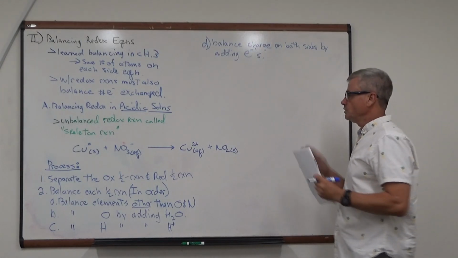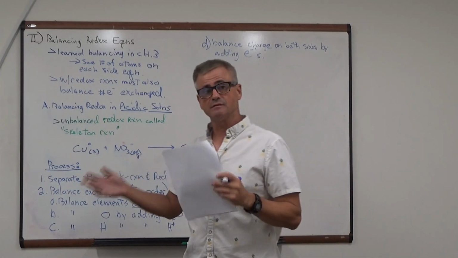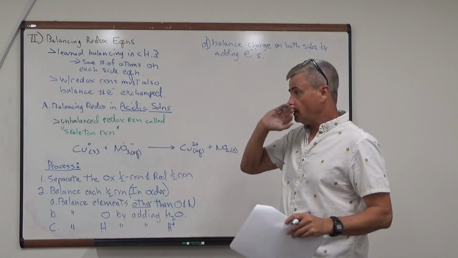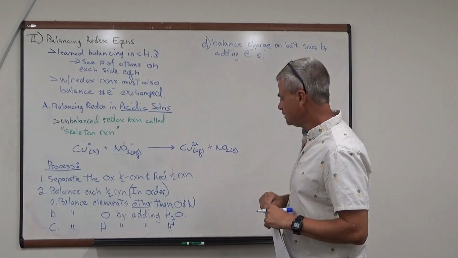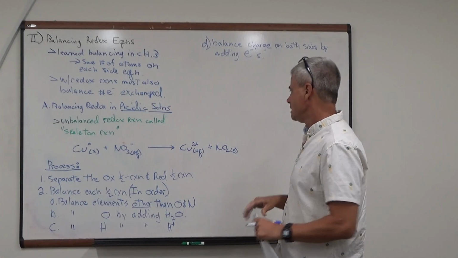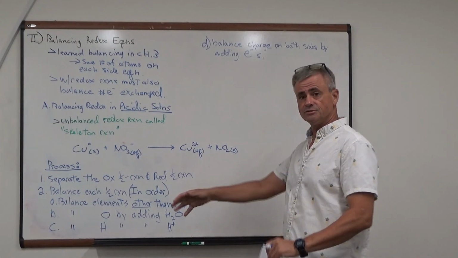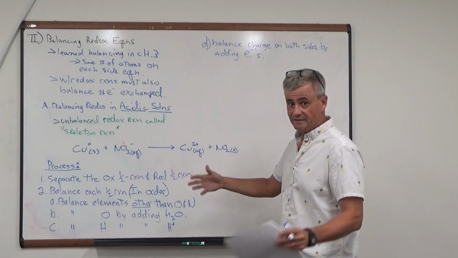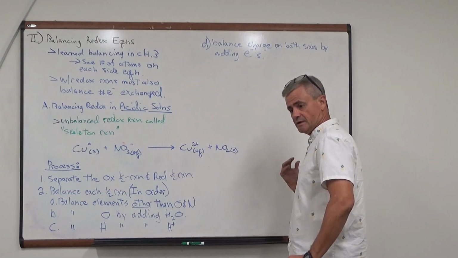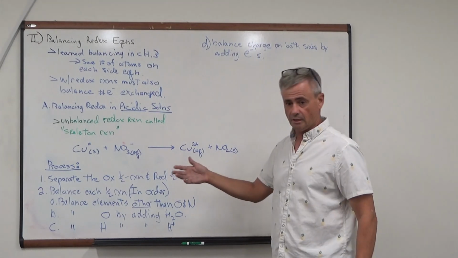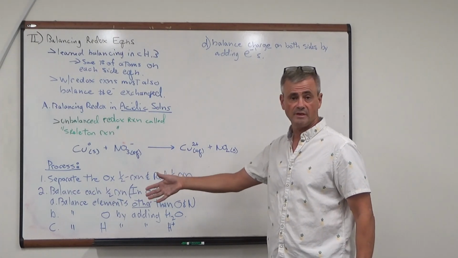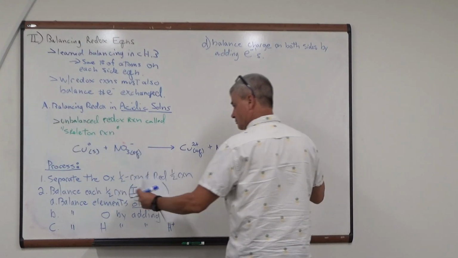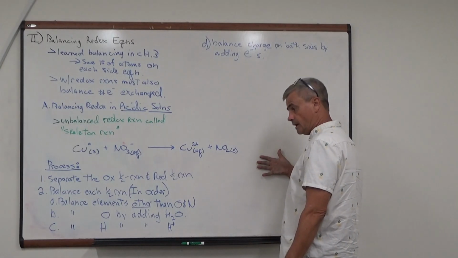Once you've gotten to that point, you will have successfully balanced the half reactions, and now you're ready to bring them together. However, you need to make sure that one of the half reactions gives up electrons, the oxidation half reaction, and the other, the reduction half reaction, will consume electrons. You have to make sure that the number of electrons consumed is the same as the number of electrons given up.